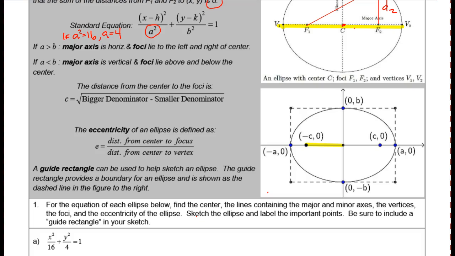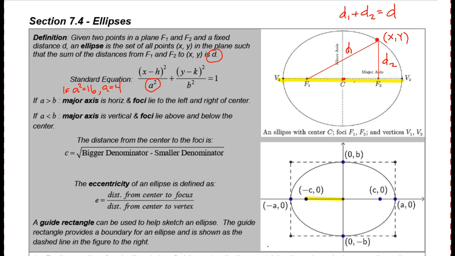Well, because b squared might be bigger than a squared, and then you have to reverse the order of those two things. So I just said it's the bigger one minus the smaller one, and then you take the square root. Remember, if b is larger than a, then this entire ellipse would be rotated so that the major axis was vertical rather than horizontal.